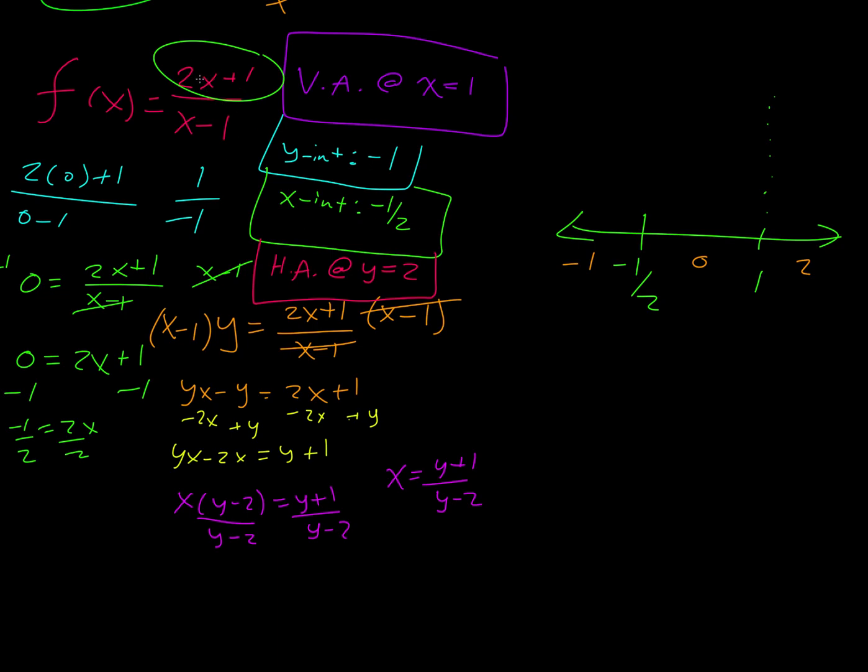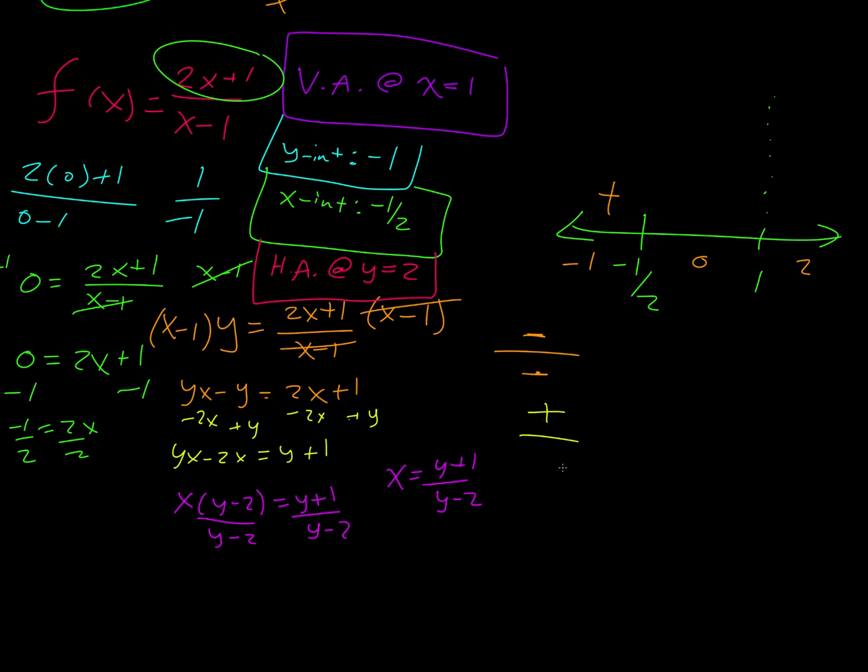Okay, so if I'm going to do the negative 1 first. If I plug in a negative 1 here, it's going to be negative 2 plus 1, which is a negative answer. And if I do a negative 1 here, negative minus a number is going to be negative still. And so negative divided by negative will give me a positive. Now if I plug in 0, I end up with a positive 1 on top.